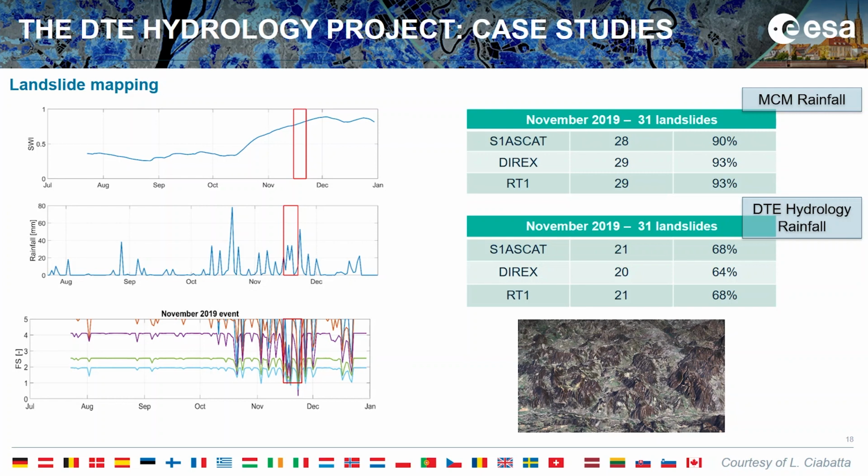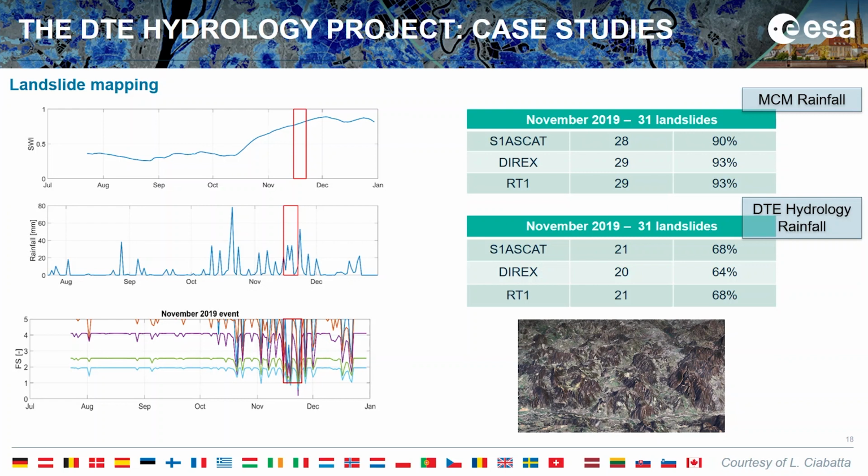And there was a rainfall event, second plot, and in fact in several points we detected a factor of stability close to 1, so landslide. It's important to note that, for instance, in October there was a higher rainfall but with lower soil moisture conditions and no landslide were detected. So this is the coupled importance of soil moisture and rainfall for landslides.